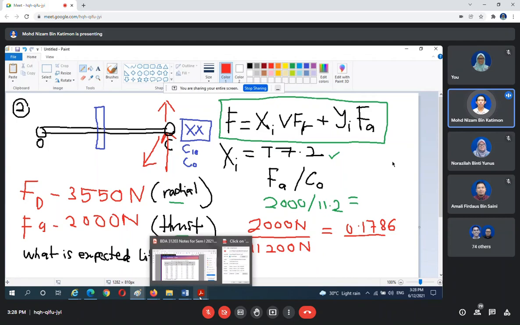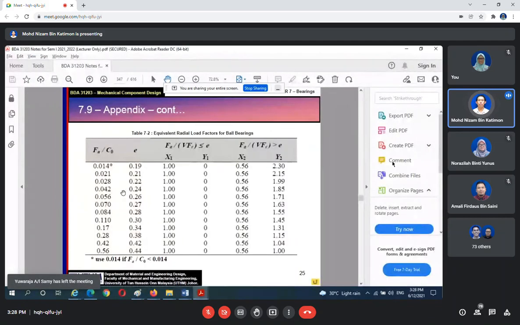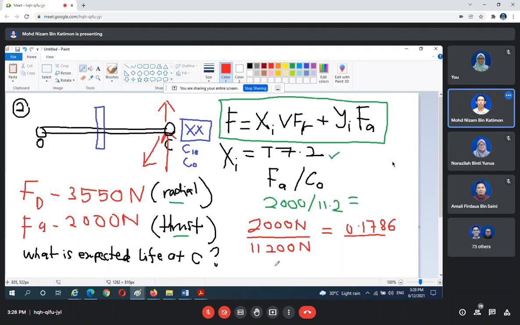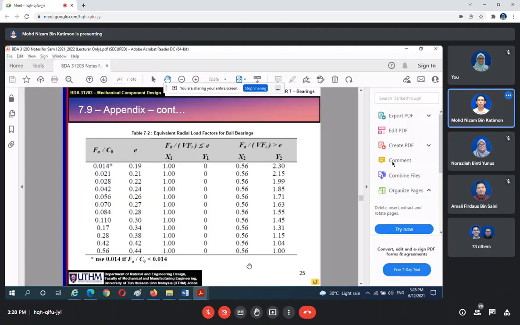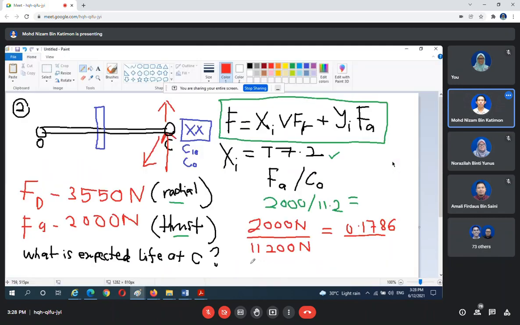Then we get the value, then we refer to 0.17. Then the next step is we have to find VFR.